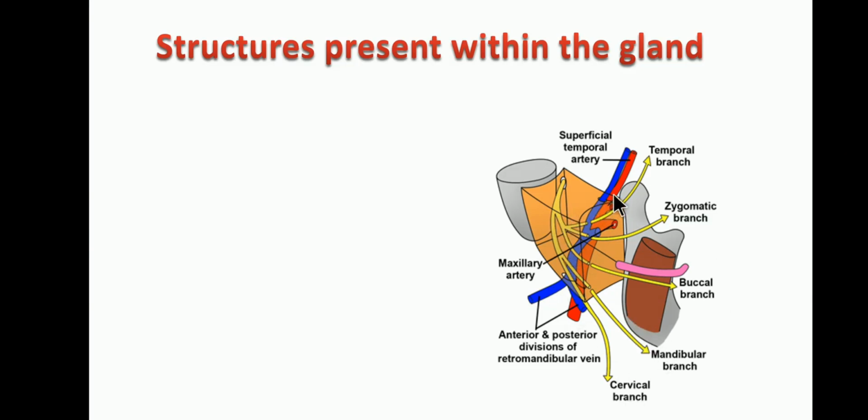Temporal emerges from the base, cervical from the apex, and zygomatic, buccal, and mandibular from the anterior border. Buccal divides into upper buccal and lower buccal, which are above and below the parotid duct.